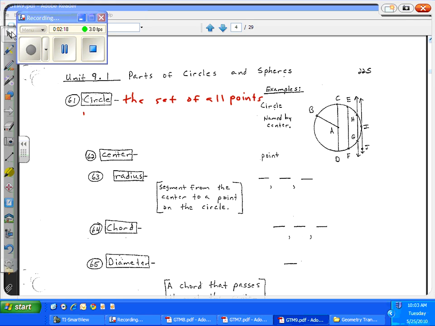The set of all points in a plane. See, that makes it flat. The set of all points in a plane, a given distance from a given point in that plane.